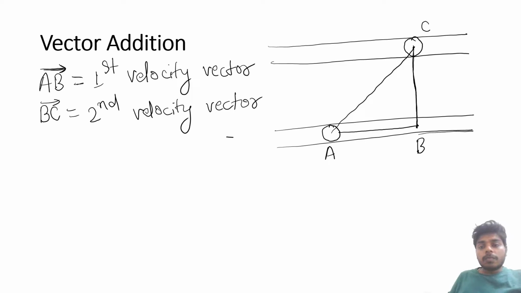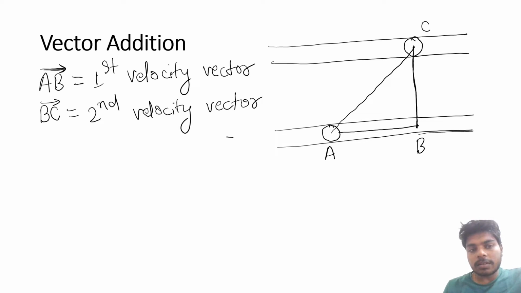Now, the triangle rule of addition. Actually, earlier we found the hypotenuse and resultant velocity. That is what I'm trying to make you understand. What do we do? Like first velocity.